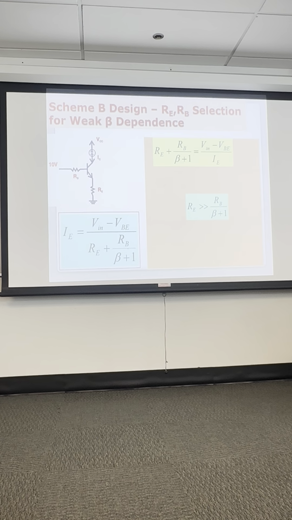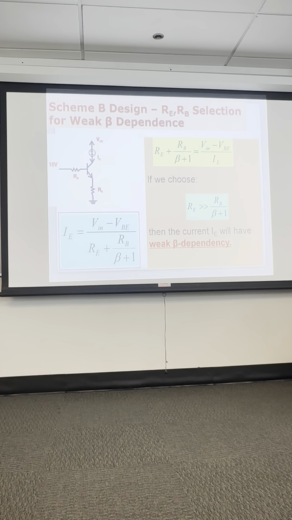So if you try the first one, make RE much greater than RB over beta plus 1, there's still lots of combinations that will meet that. So you would probably take out an Excel sheet, program the formula, and then just go through arbitrary values to come up with a combination that appears to work.